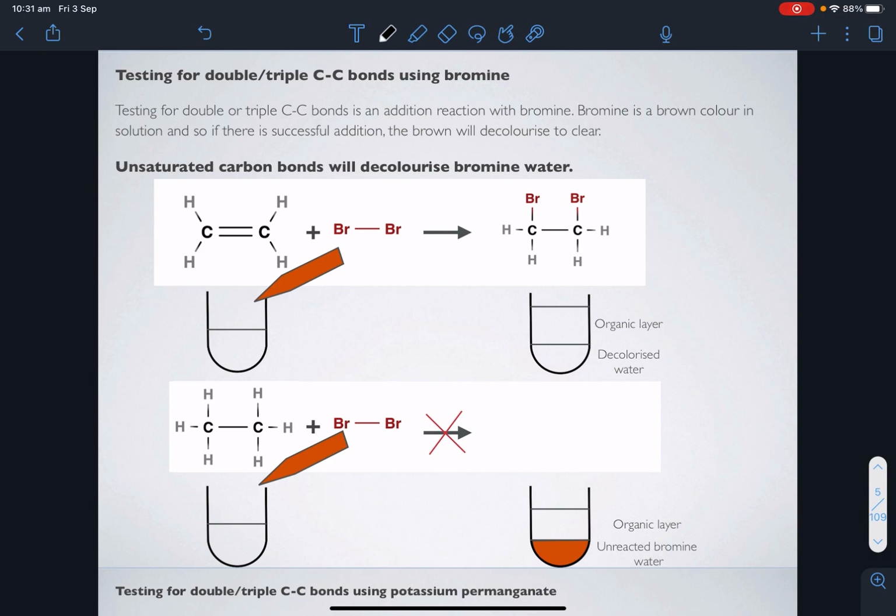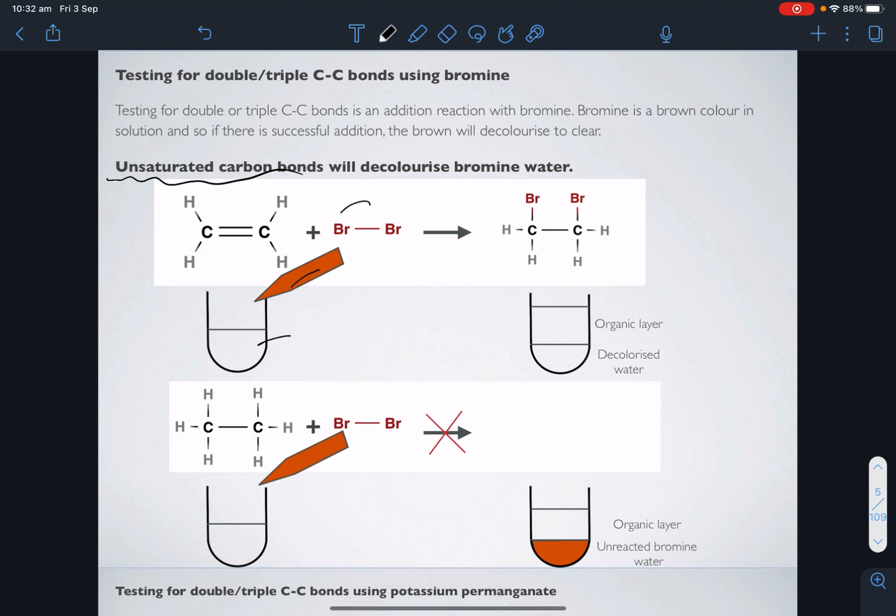You've got your unknown sample, you've got the brown bromine water, you drop it in, and the brown decolorizes if it's got a double bond. So if it's unsaturated, with a double or triple bond, it's going to decolorize the brown color of bromine water.